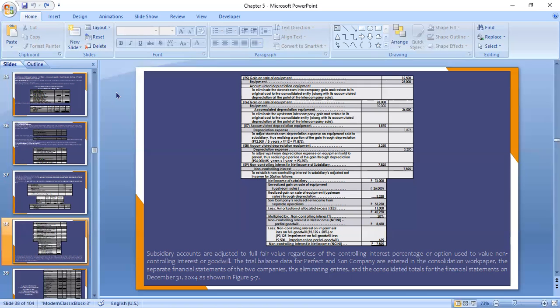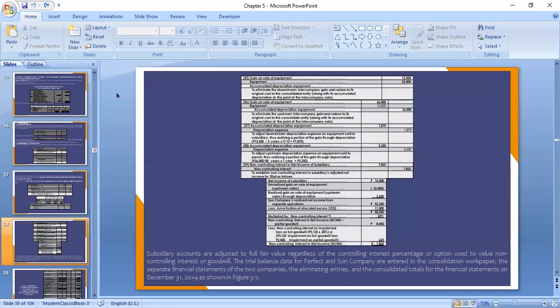Okay. So we now get the entry: debit accumulated depreciation of equipment 3,250, debit depreciation expense, and we credit 3,250 to adjust upstream depreciation, thus realizing a portion of the gain through depreciation.